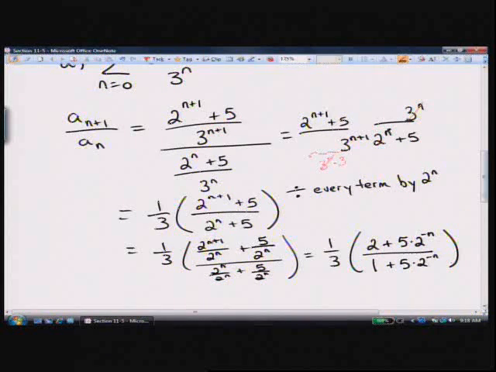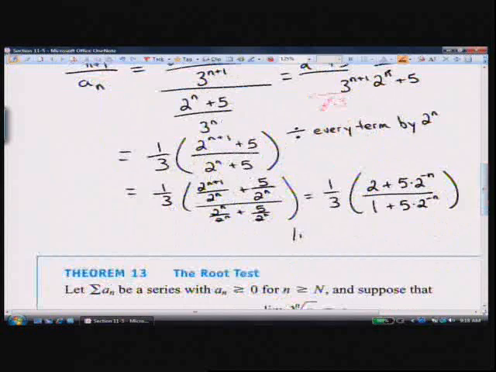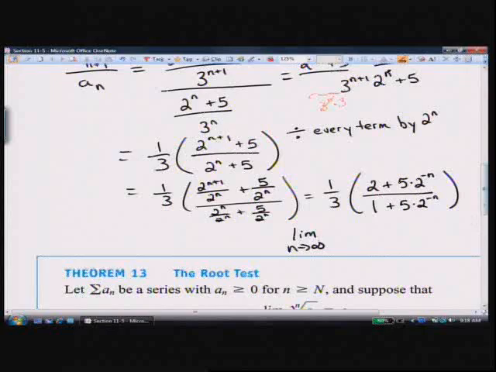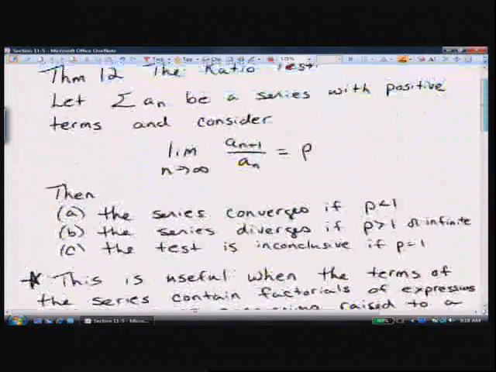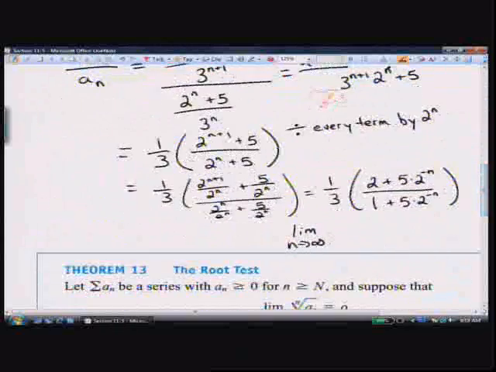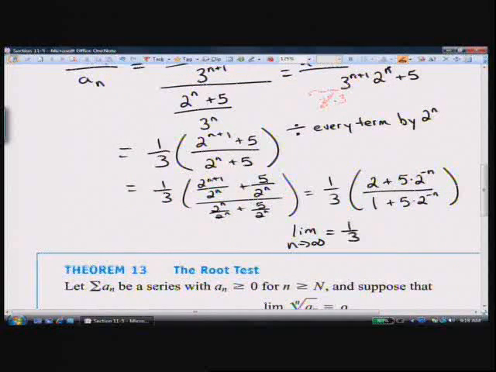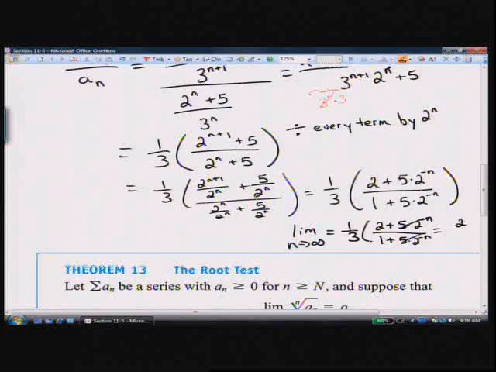Now, what is the limit as n goes to infinity of this? What would you get? Yes. As n goes to infinity, these go to 0. And so I do, in fact, get 2/3, which implies what?